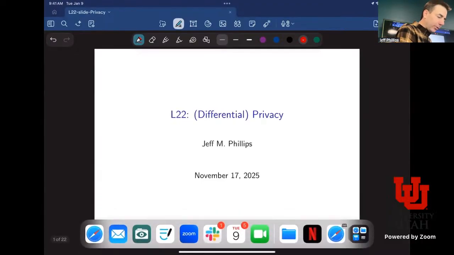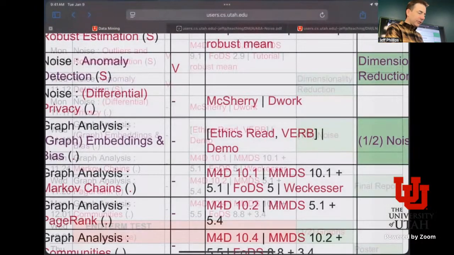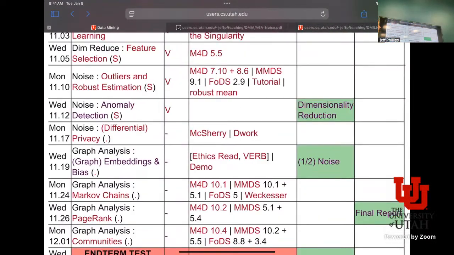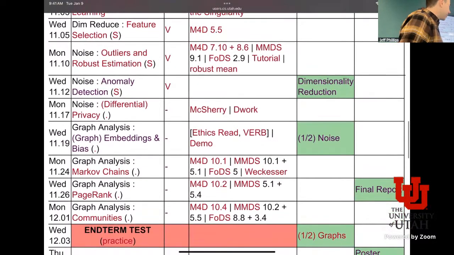Before we get started, let's look at this schedule. We split homework 6 up into 2 parts, and the first part on noise, outliers and anomaly detection is due on Wednesday.